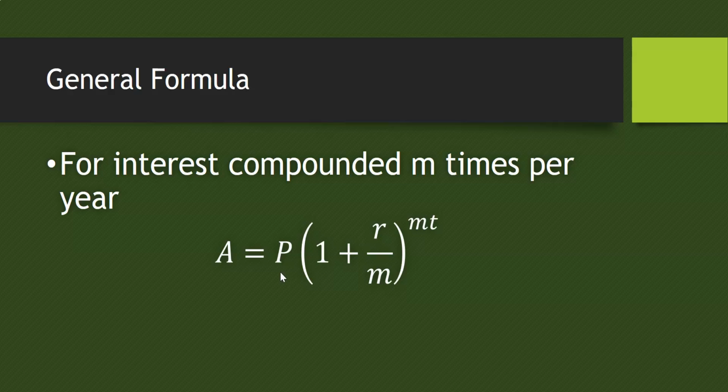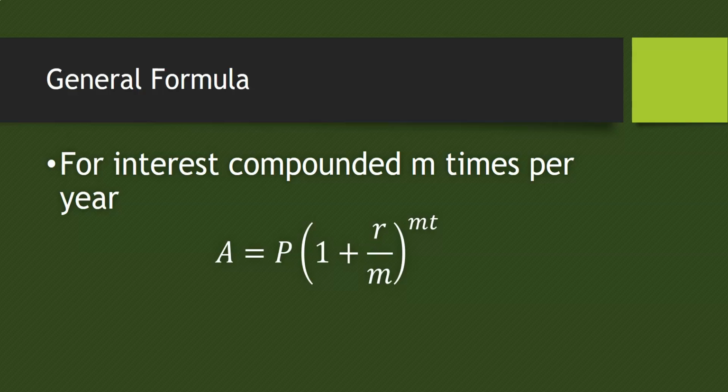This P here officially stands for present value. It's the amount of money you initially put into an account or an investment. Now, the A is the amount of money you are going to have in that account or that investment at the end of the time.